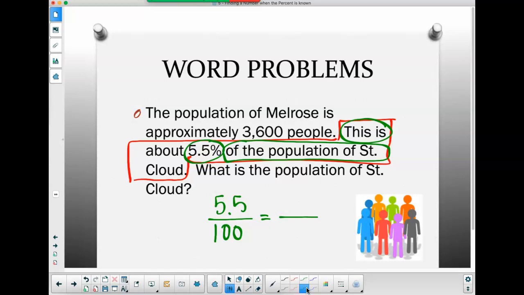The population of Melrose is approximately 3,600 people. This is the population of Melrose, right? So should the Melrose population go on the top or the bottom? The top, 3,600. Because then it says of the population of St. Cloud. I do not know that population. So I put an X on the bottom.